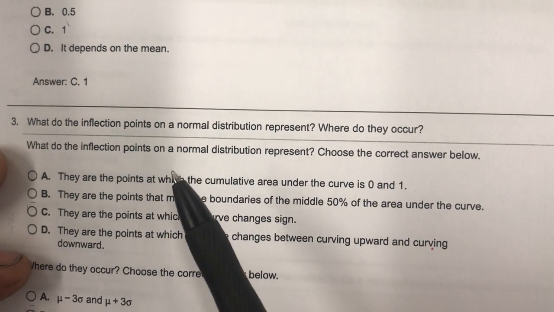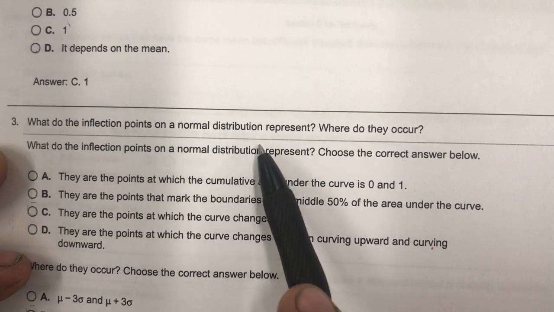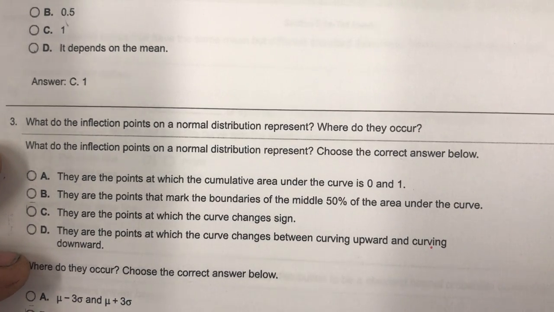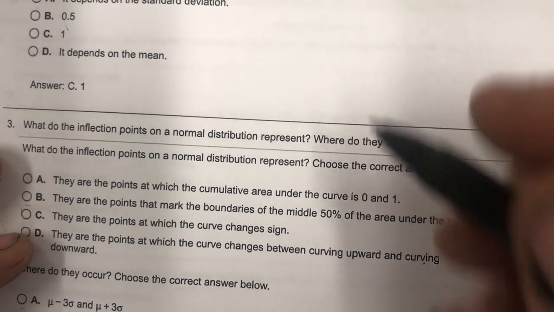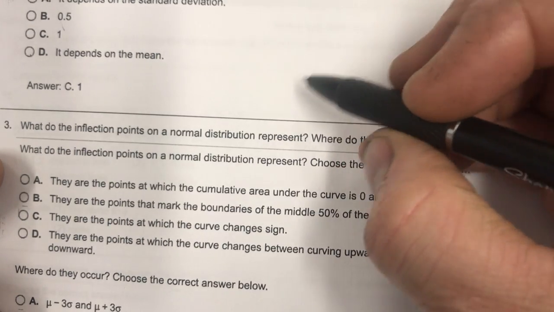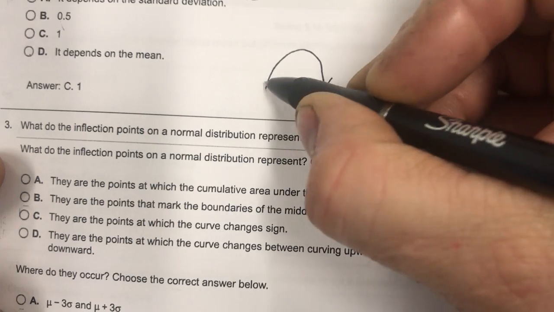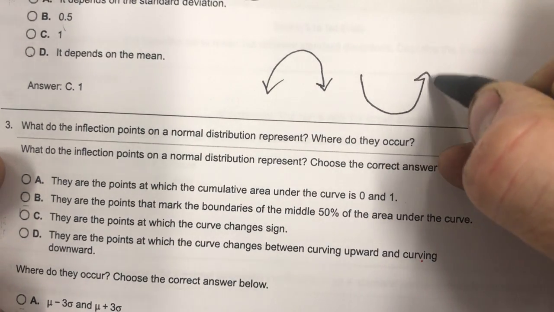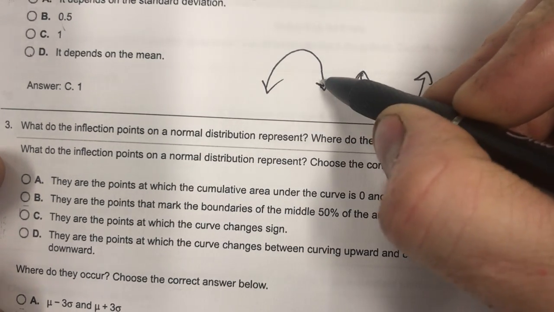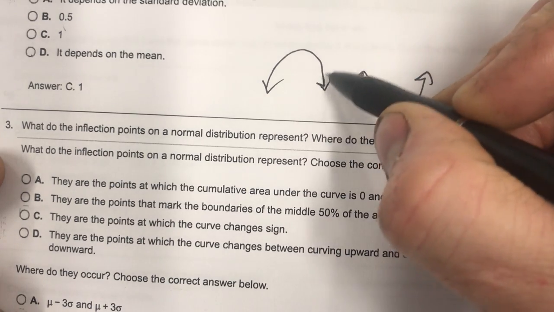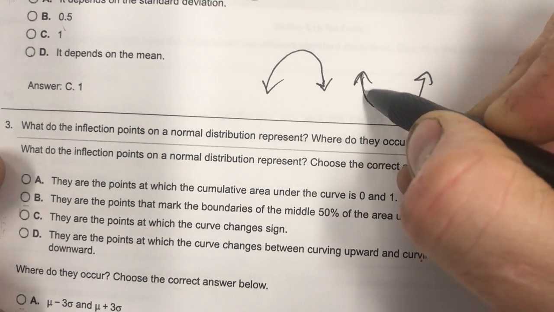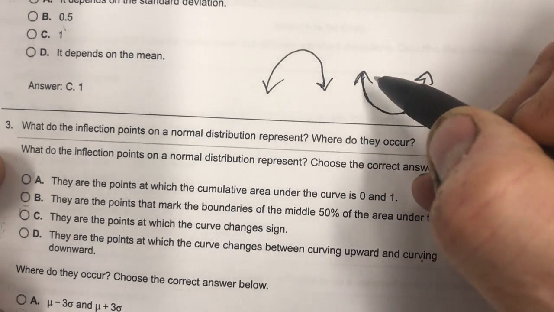What do inflection points on a normal distribution represent? Where do they occur? Now, inflection point, like I told you, is where you've got this curve that's going down and you've got this curve that's going up. The point where it stops going down and starts curving up is called the inflection point.